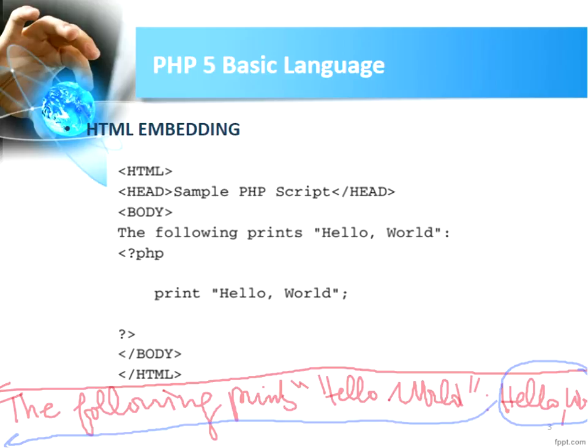Not the /n, but just here I will add BR, or P also. Yes, I can add P or BR. Is it clear?